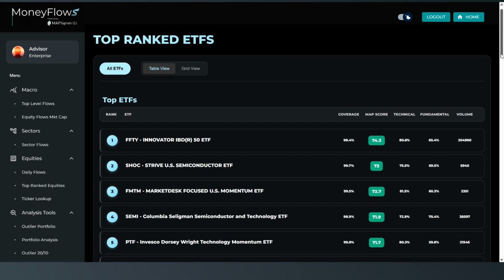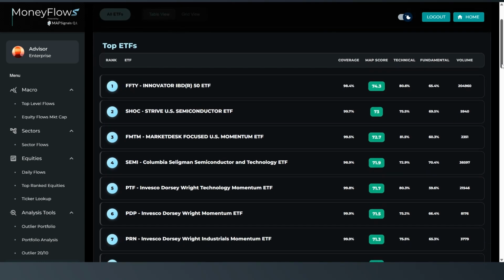Here in the top ranked ETFs, we can see the top 20 ranked ETFs. Here we've got the Innovator IBD 50 ETF, ticker FFTY. That's the number one. Here we can see the coverage. So how many stocks, what percentage are we scoring? Here's your weighted map score, technical, fundamental score, and also we have volume.